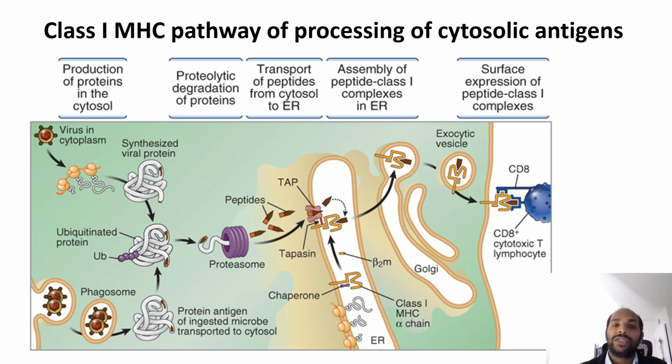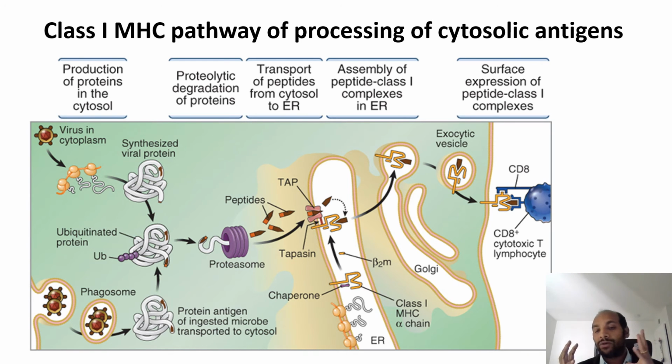As I mentioned, it has four different steps. Initially, production of proteins in the cytosol and proteolytic degradation of proteins, and those peptides are transported from the cytosol to the endoplasmic reticulum, and then assembly of peptide and class 1 MHC forms a complex in the endoplasmic reticulum.